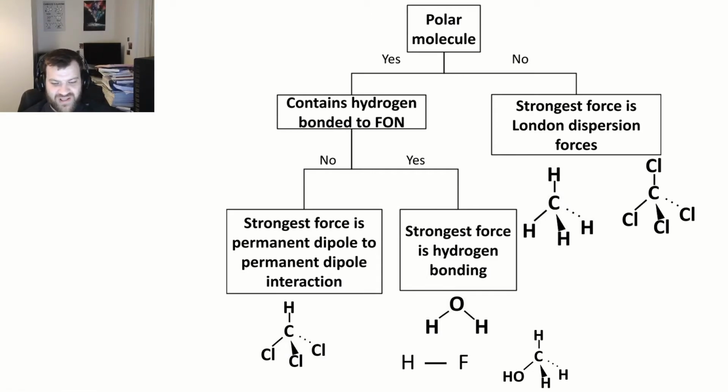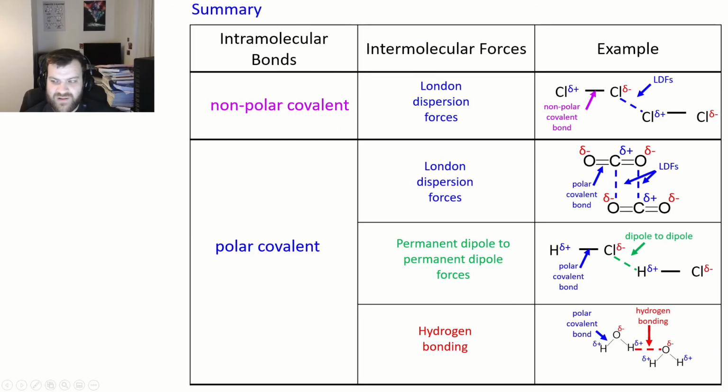Whereas for our trichloromethane, we've got permanent dipole to permanent dipole interactions. This table tries to sum up all the different things you need to take into account in terms of polar and non-polar bonds and polar and non-polar molecules.